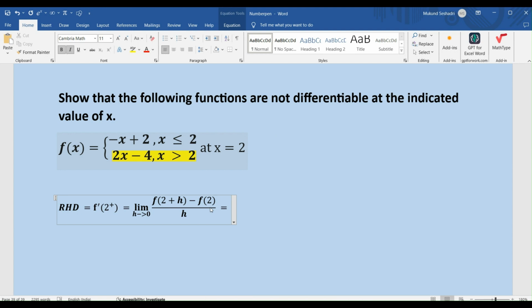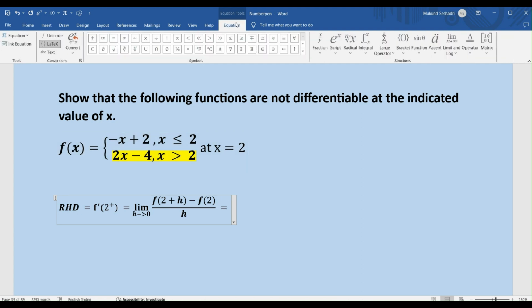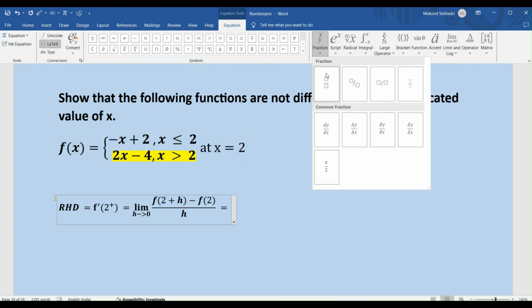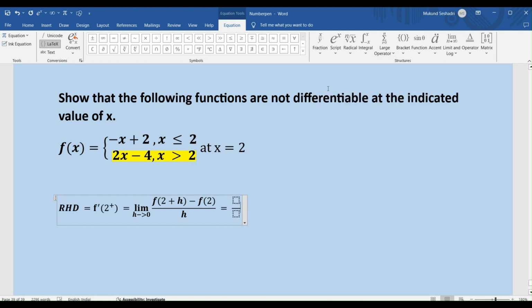f of 2 plus h is 2x minus 4, where I will substitute my x by 2 plus h, right? That's my f of 2 plus h. And let's come to the second part of the numerator, which is my f of 2. My f of 2 is nothing but what is my f of x when x equals 2, right?